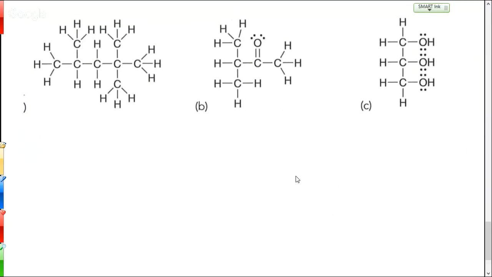All right, draw line structures of those three molecules.